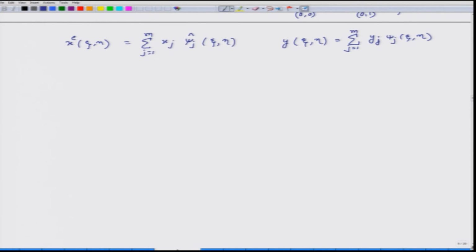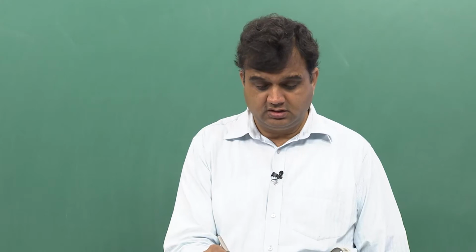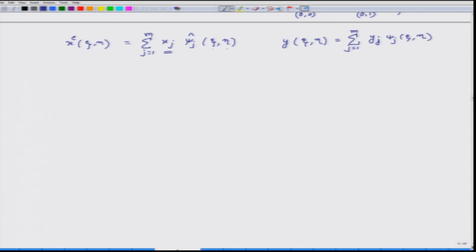Now these psi or shape functions are in what domain? They are in the zeta and eta domain. So these shape functions do not change from one element to another element. The only thing that changes when I move from one element to another is these coordinates, right. So xj and yj are the coordinates in the xy coordinate system for a specific element.